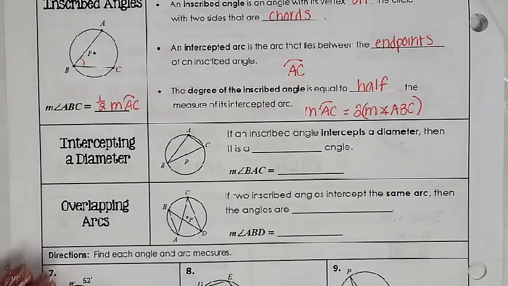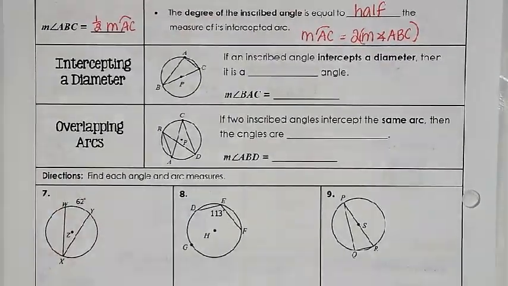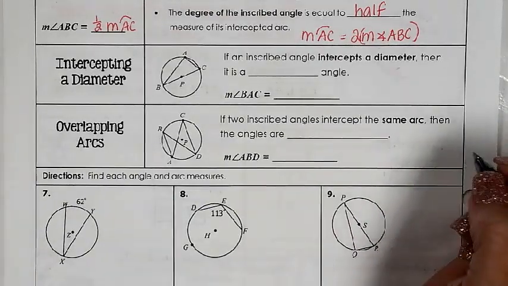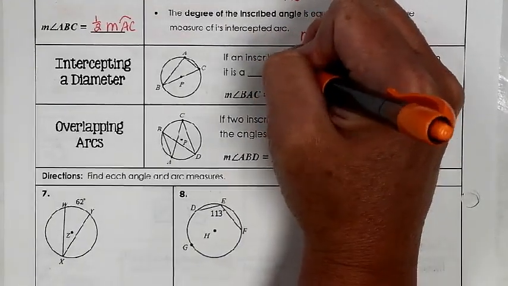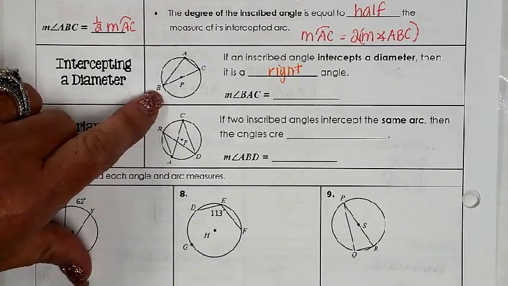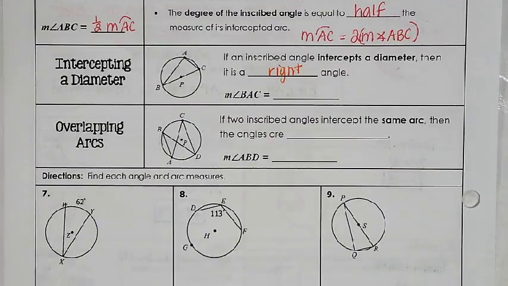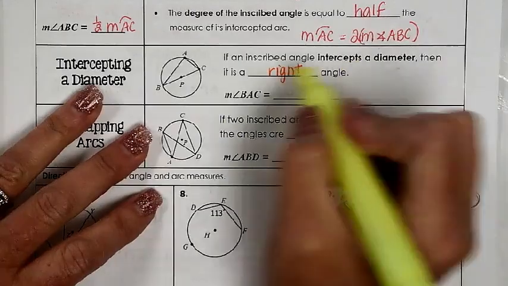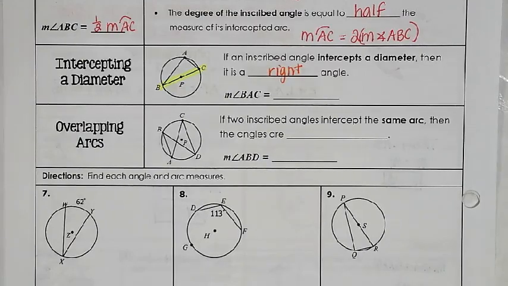So still inscribed angles, if it intercepts a diameter. If an inscribed angle intercepts a diameter, then it is a right angle. So if I look at this picture, BC is a diameter. The angle that intercepts the diameter is angle BAC.